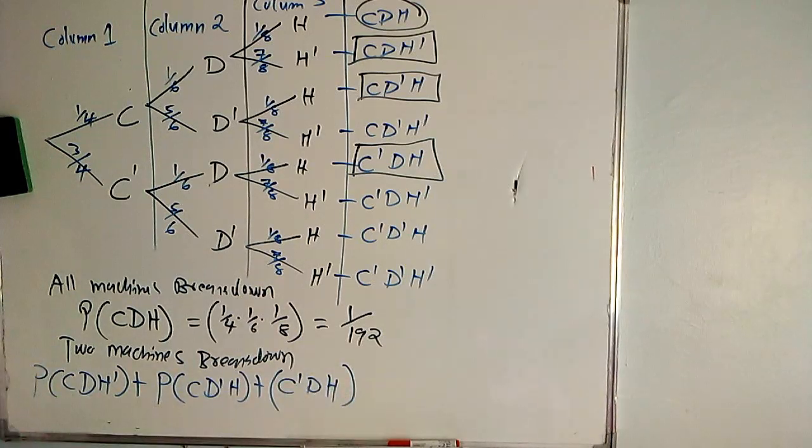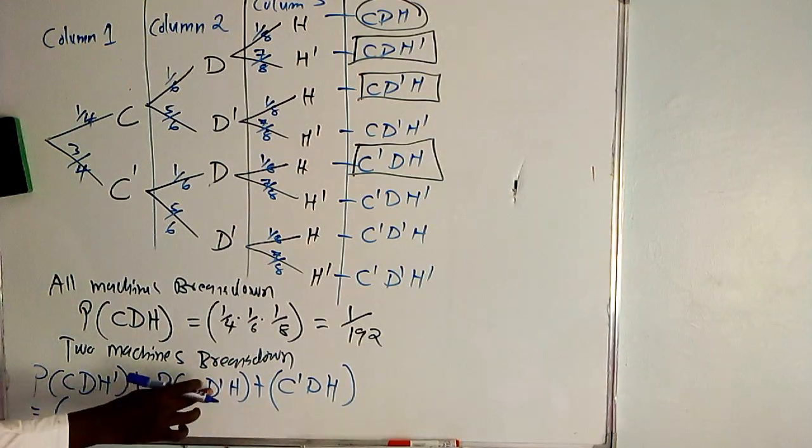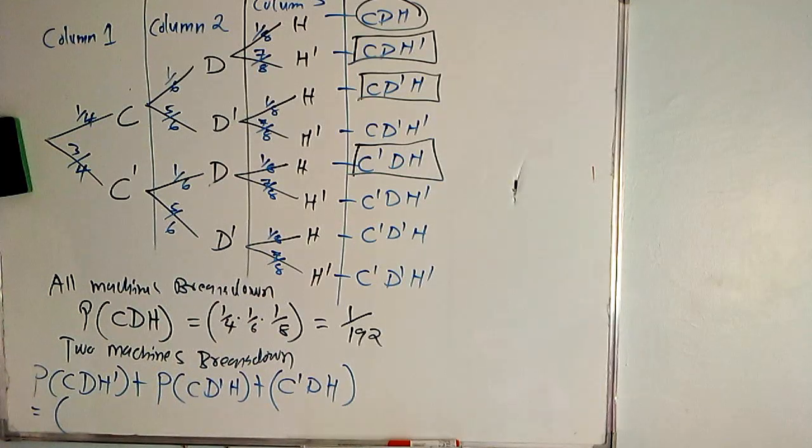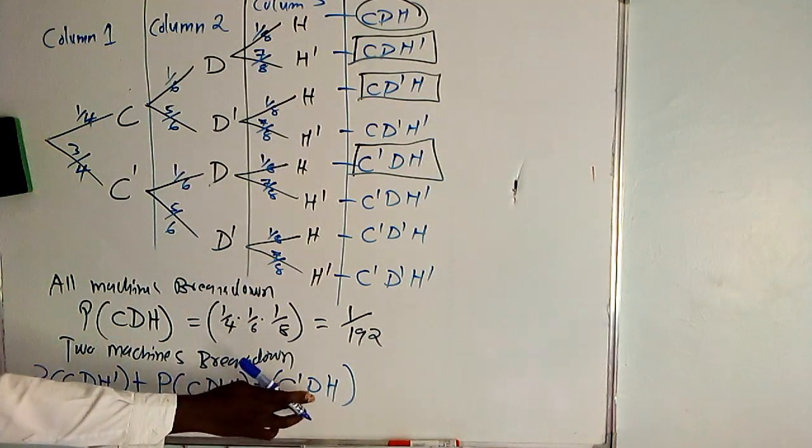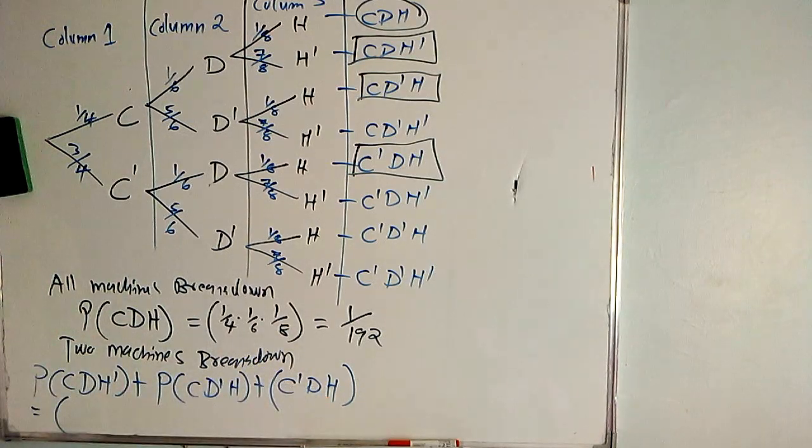So those are only two breaks down, meaning in them one does not break down. Meaning concrete mixture and damper have broken down, but hoist has not broken down, isn't it? Or concrete mixture and hoist have broken down, but damper has not broken down, isn't it? Or concrete mixture has not broken down, damper has broken down. Are you seeing that? Are we together?